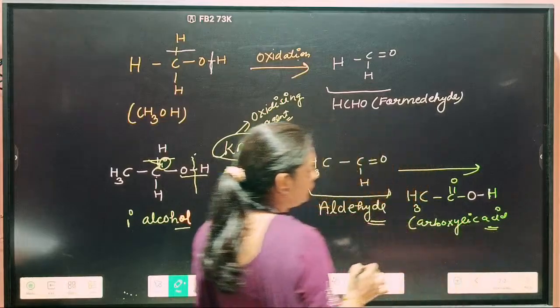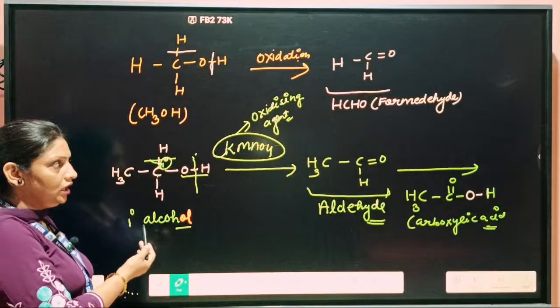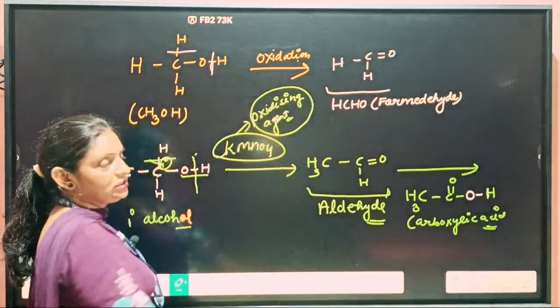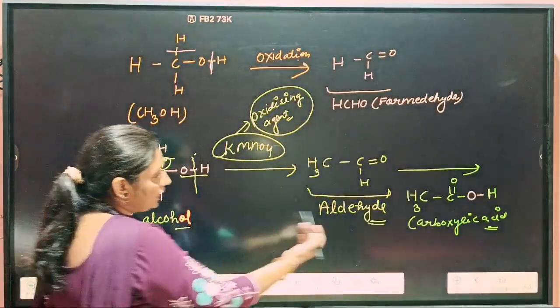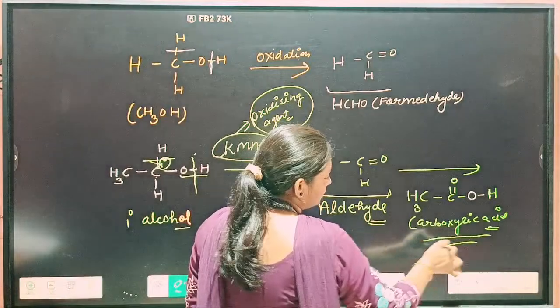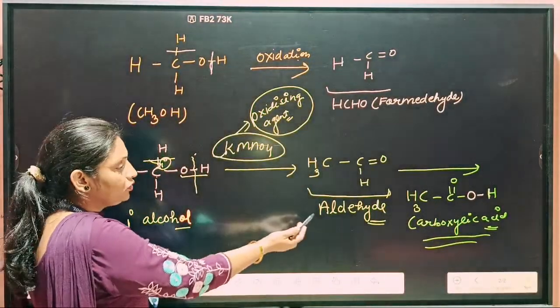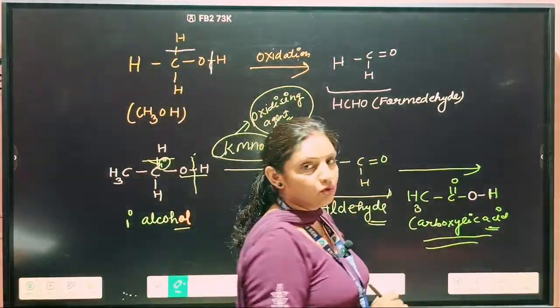So students, what will happen by oxidation of the primary alcohol in presence of a strong oxidizing agent? Directly we get the carboxylic acid. First of all, it will convert into the aldehyde, but immediately the aldehyde will convert into the carboxylic acid.